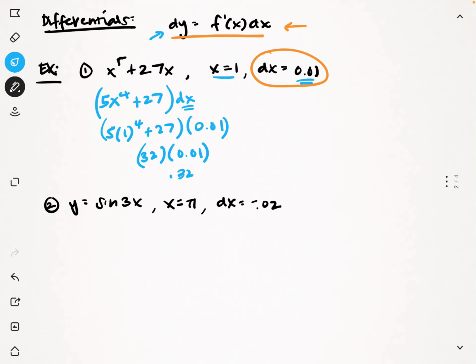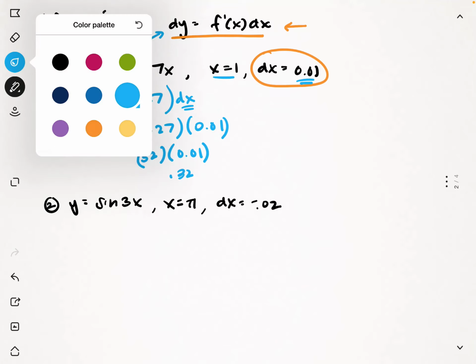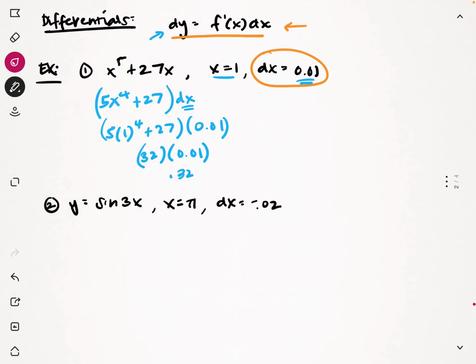For the second one, same idea. We're going to derive it. Sine of 3x is going to be cosine 3x times, we have to remember the chain rule, right? So times 3, we'll put the 3 in front. And then we're plugging in the pi, so 3 cosine 3 pi dx.